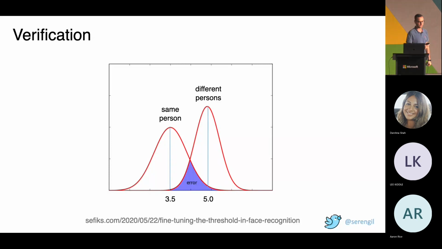Thereafter, we can say that if the distance between a face pair is less than 4, then it's going to be the same person. Otherwise, it's going to be different persons. This is the basic facial recognition task in our studies.